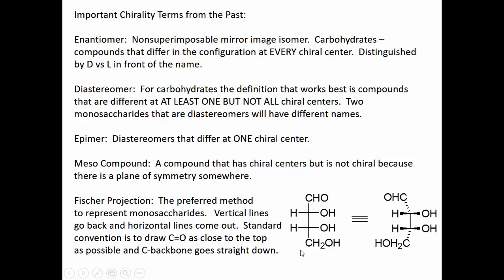This is an important point because if we draw all of our molecules the same way, we will find it very easy to understand just by looking at the Fischer projection, or looking at the cyclic structures that we're going to see later, that we can very easily distinguish the chirality issues without ever assigning an R and S configuration.